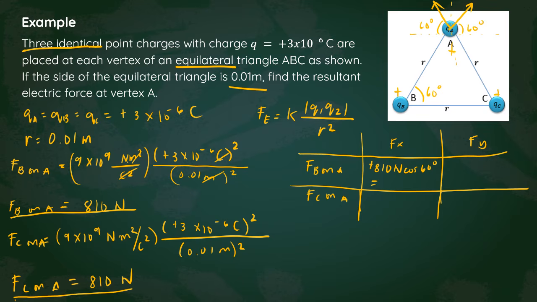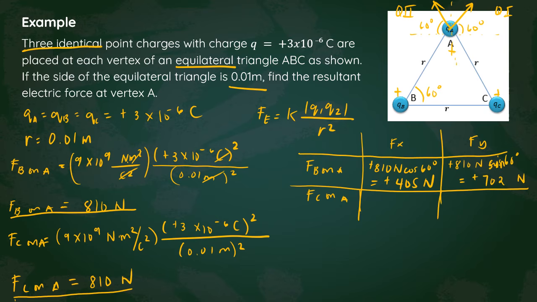Then we get a value of positive 405 newtons. Now for Fy, since it is in quadrant 1, y is also positive. So you have positive 810 newtons sine 60 degrees, since it's for the y component. This is now positive 702 newtons. So that's for force B on A.